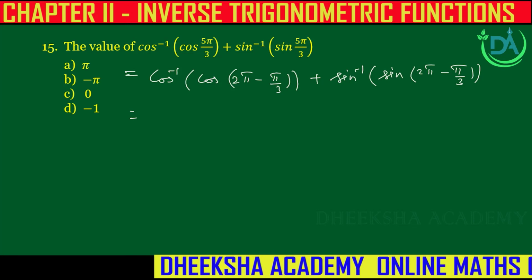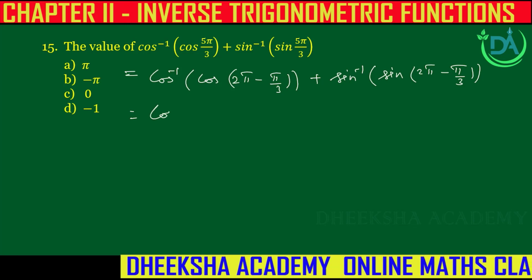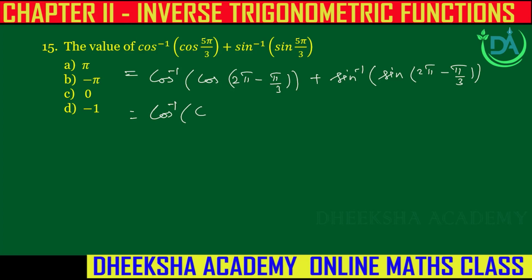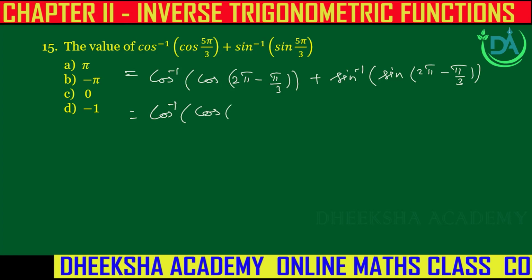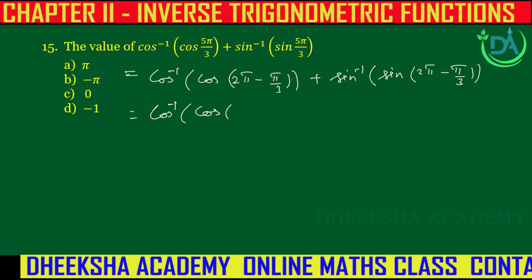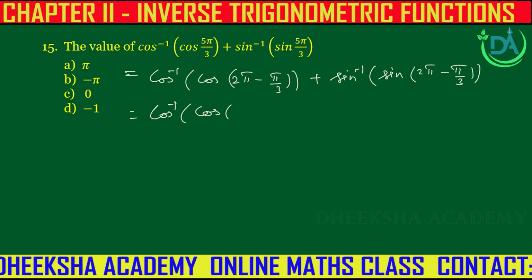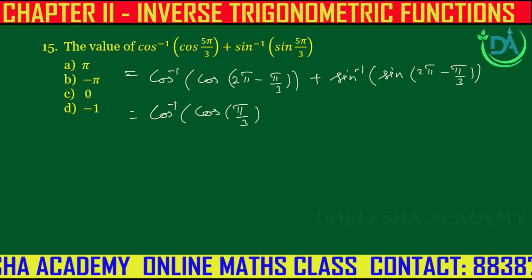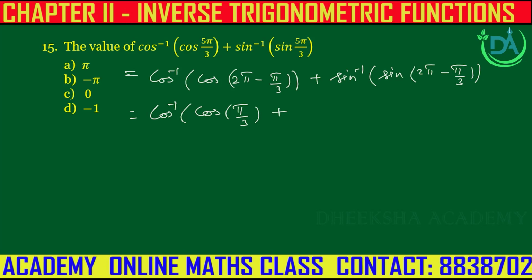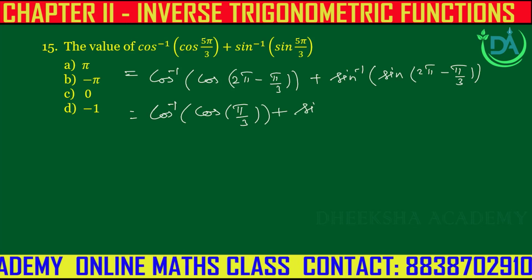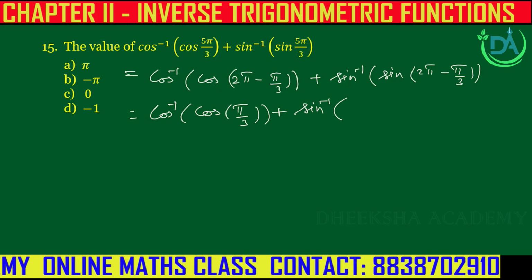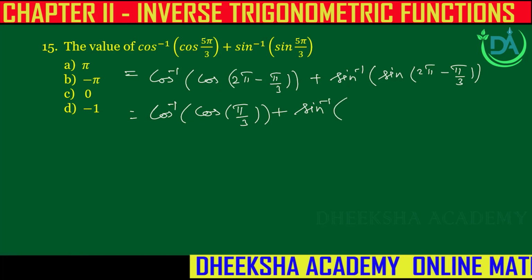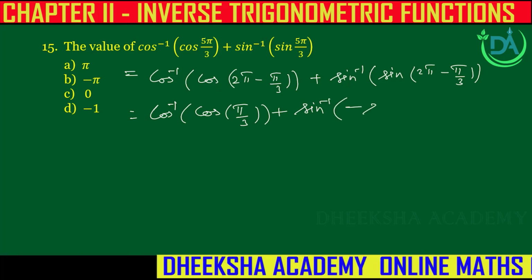Now cos inverse of cos of 2 pi minus pi by 3 is equal to cos pi by 3. Cos of 2 pi minus x is equal to cos x. Similarly, sin of 2 pi minus x is equal to minus sin x. So here minus sin pi by 3.